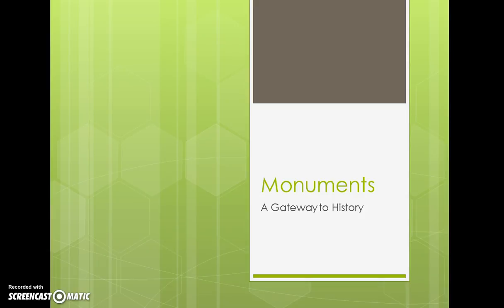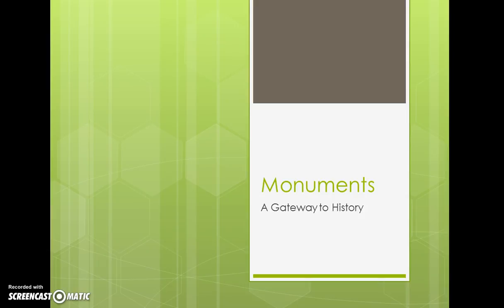But right now, we're going to take a bit of a more serious approach to everything and talk about how we can analyze monuments, especially how we can see them as expressions of their historical context or the time when they were created. There are quite a few different approaches to analyzing monuments.